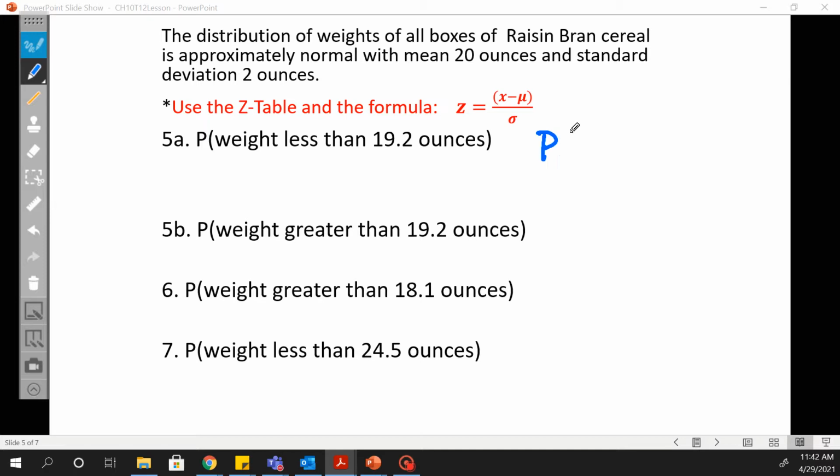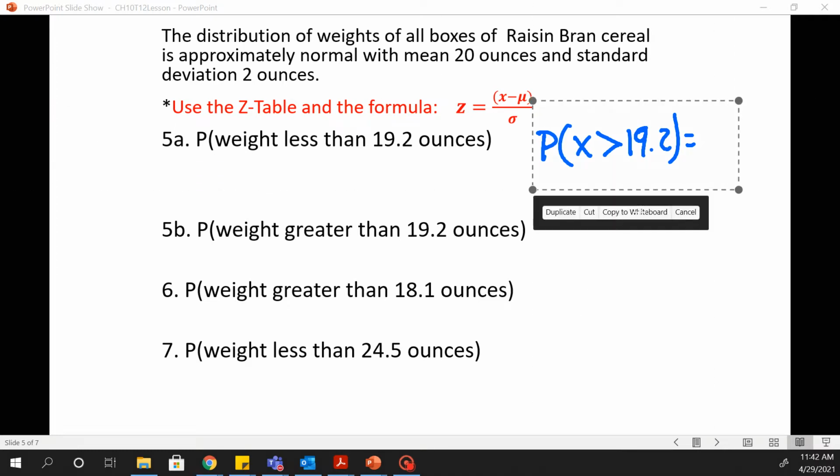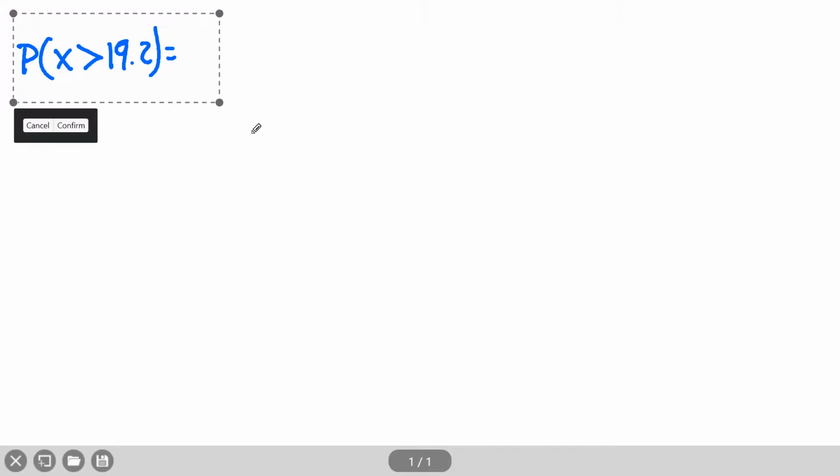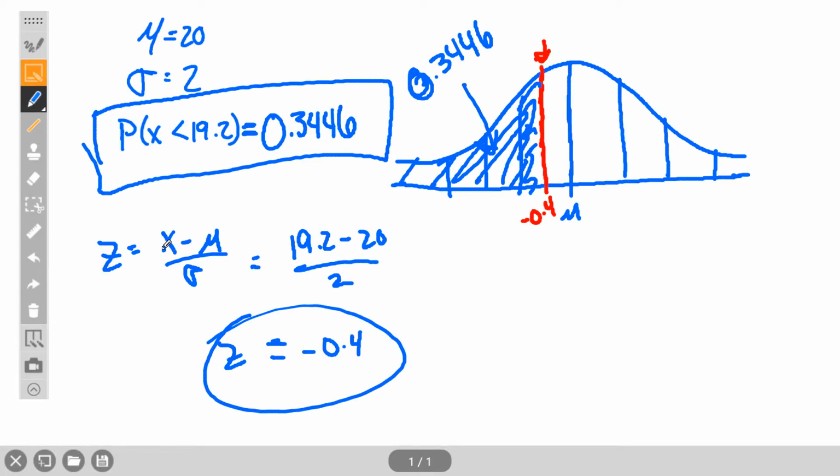5b, we want to know the probability that the weight is greater than 19.2. Okay, well luckily we already have the z-score for this. We calculated it. So I want the probability that the weight is greater than 19.2.